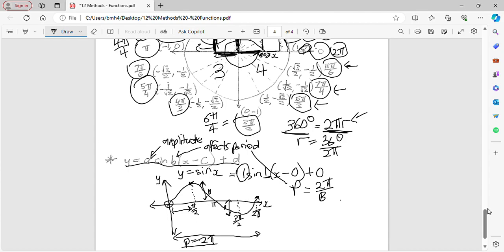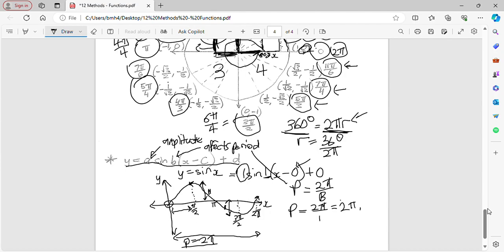B is equal to 1 because it agrees with this really, because we can say the period is equal to 2 pi over 1, which is equal to 2 pi. So B is equal to 1, so it's not the period, but it affects the period. And then we've got C is equal to 0, so that's our horizontal translation.